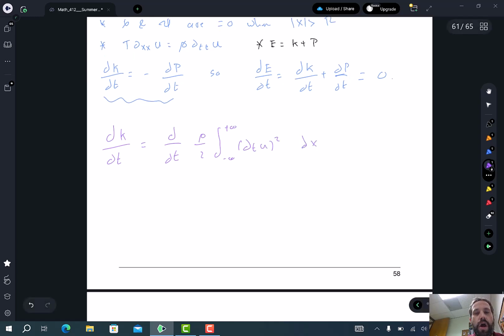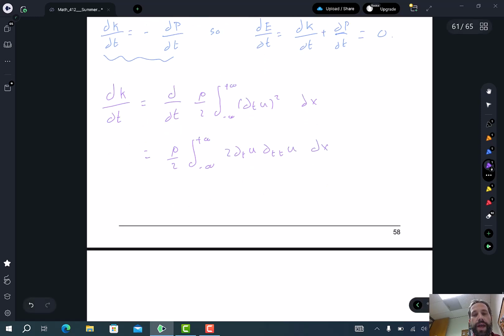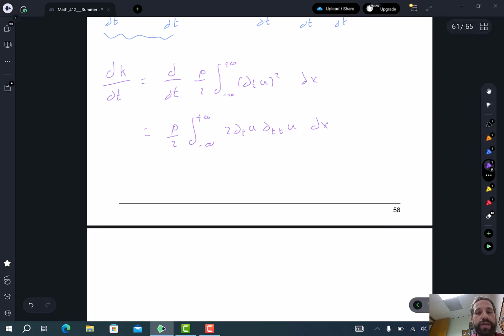Okay, so now I'm going to take my derivative and put it on the inside. I'm going to have rho over 2 on the outside for now. When I take the derivative and put it on the inside, I have to use the chain rule, and when I do that, I'm going to get 2 times the t derivative of u times the double t derivative of u dx. Okay, so the 2 and the 1/2 are going to cancel.